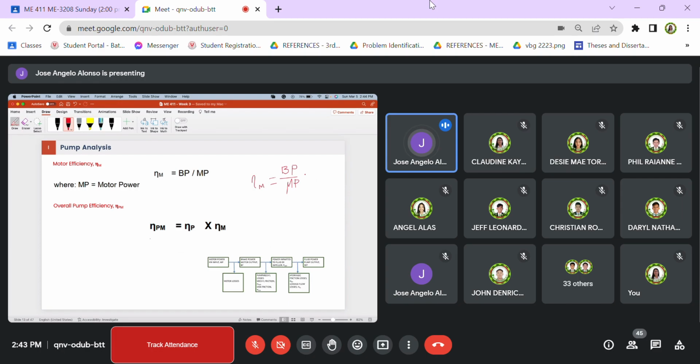Every time efficiency needs to be multiplied by 100 to make it in percentage. And the value shall always be less than 100. Kasi if it's more than 100, then may mali sa ating calculation. Laging mas malaki ang input kaysa dun sa ating output.